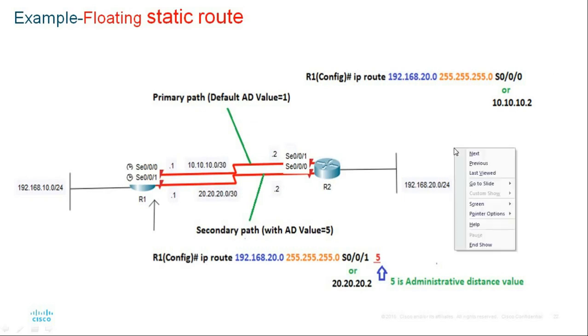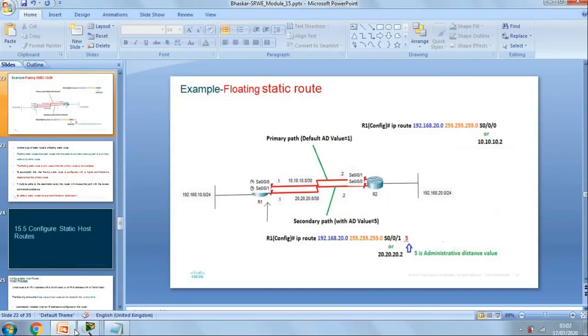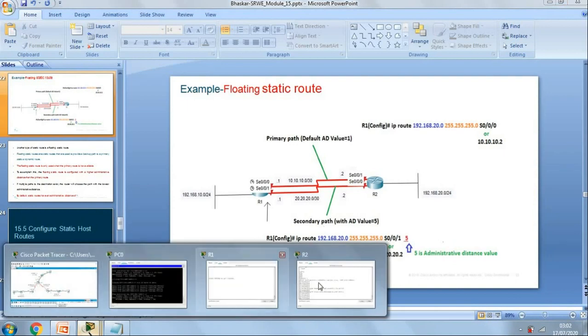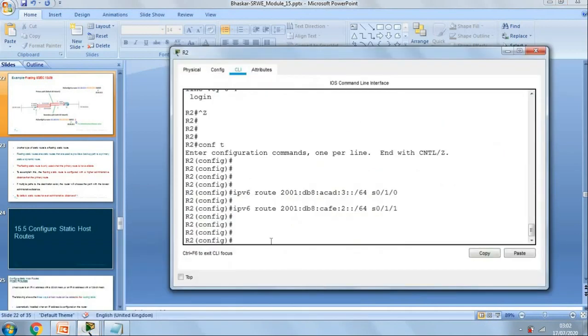See, for example, I want to go back to the topology, just to demonstrate here. For example, I'm writing here ip route 0.0.0.0 0.0.0.0, for example serial 0/0/0. Then I can give 1. This is the default administrative value. If you don't give it, by default it is 1.